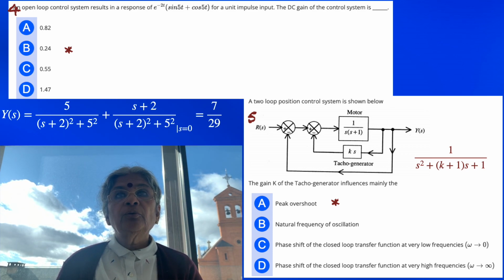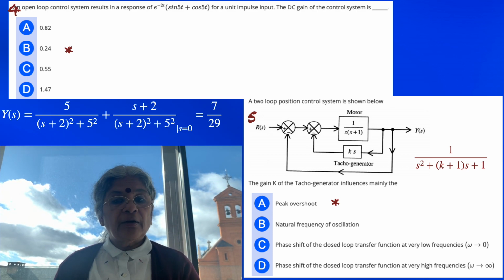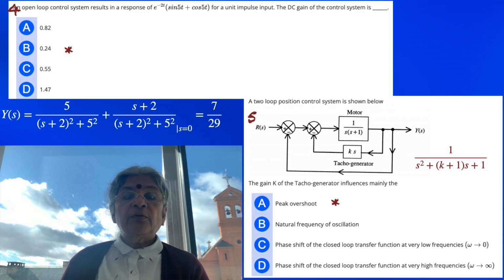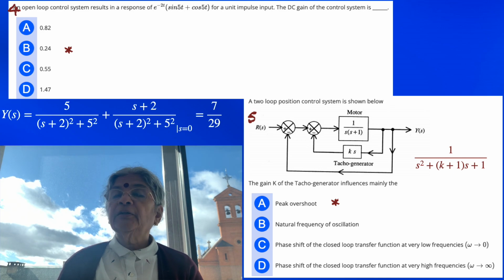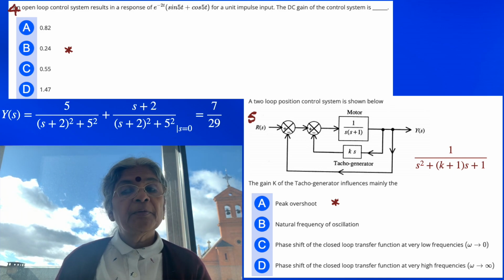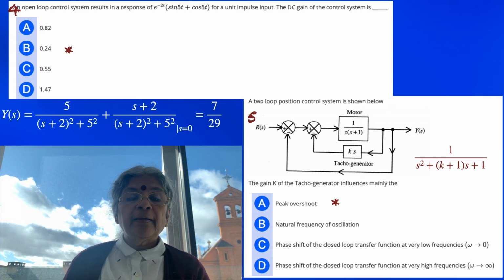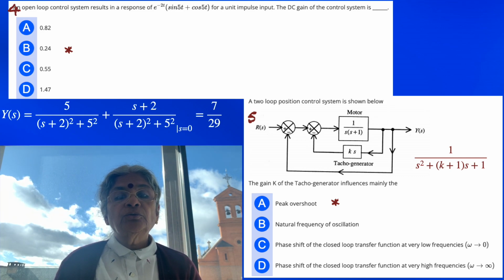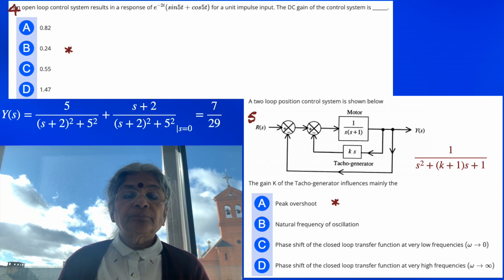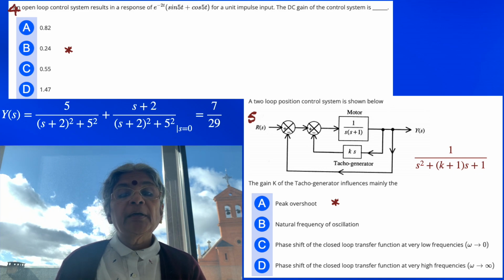It is omega divided by (s plus alpha) whole square plus omega square for the sine component. For the cosine component, it's going to be (s plus alpha) divided by (s plus alpha) whole square plus omega square, where alpha is equal to 2 and omega is equal to 5.